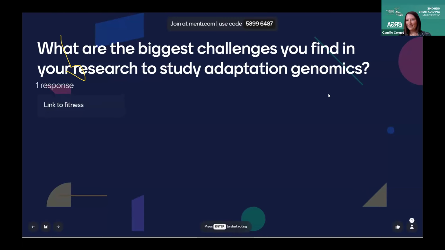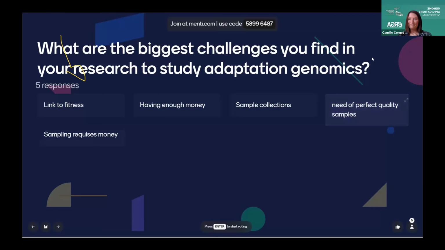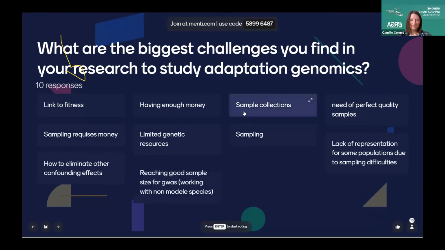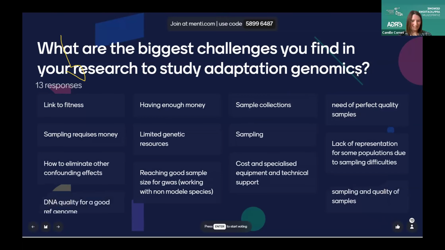I believe a lot of people here are working on genomics of adaptation, so I'm curious. Yeah, of course. Sample collection for some species is much harder than others, for sure. Perfect quality samples, yeah. Eliminate confounding effects, yeah, for sure, like demography and so on.